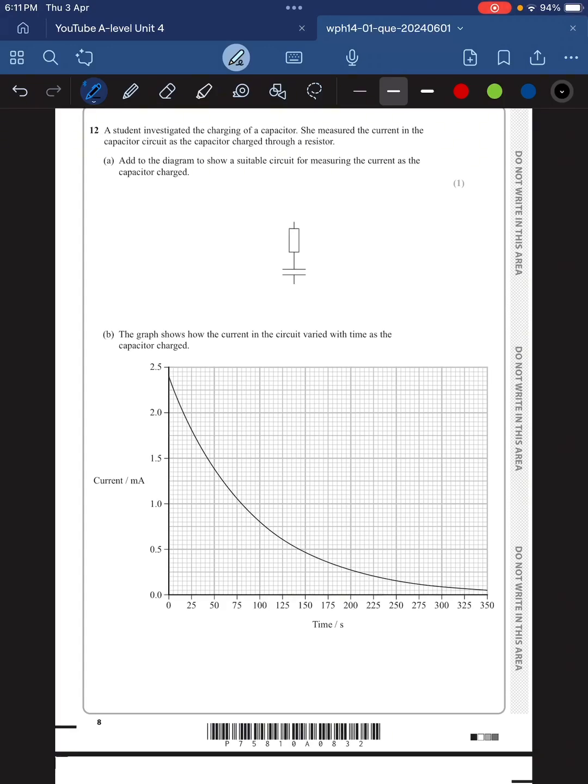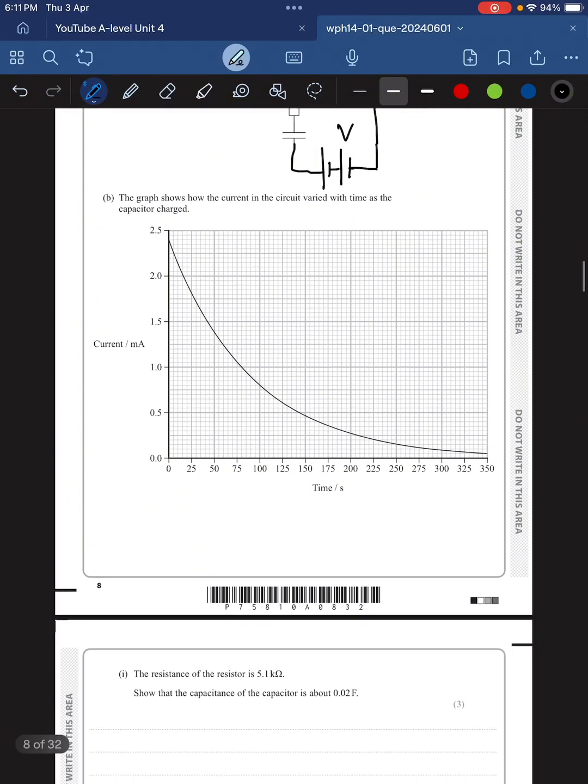So since we are given the capacitor and the resistor, we can add an ammeter because we will need that to measure the current, right? And we need a battery to charge the capacitor. So we can add a battery like this. And I think this is the A-level style. Okay, so this is the voltage.